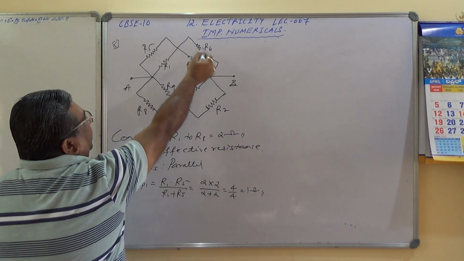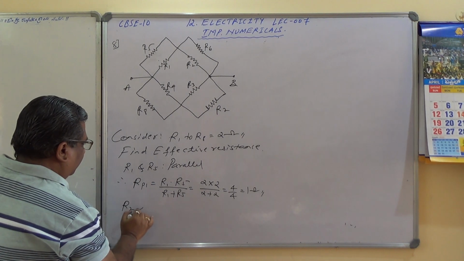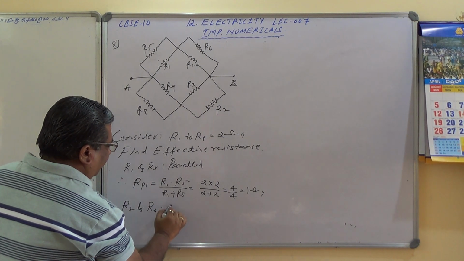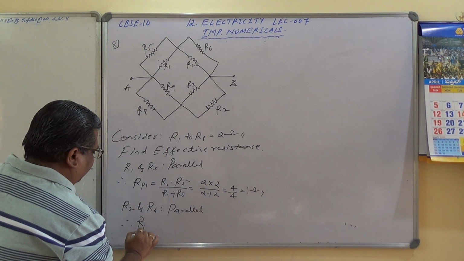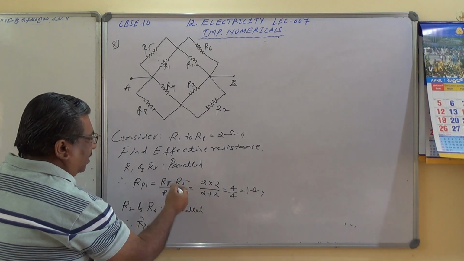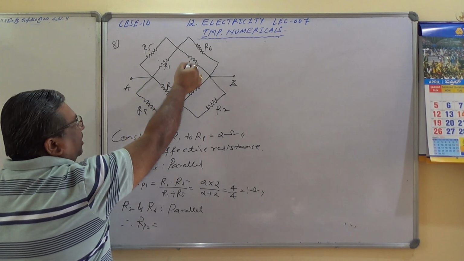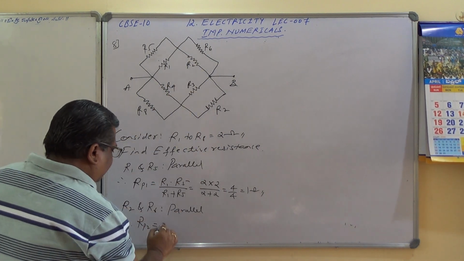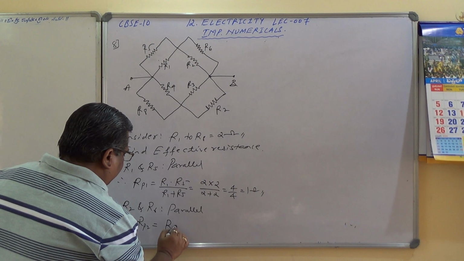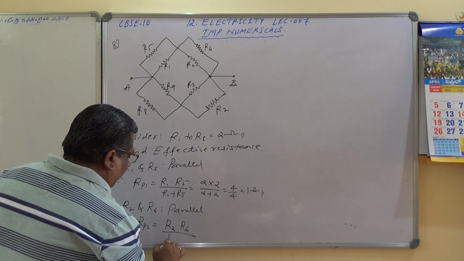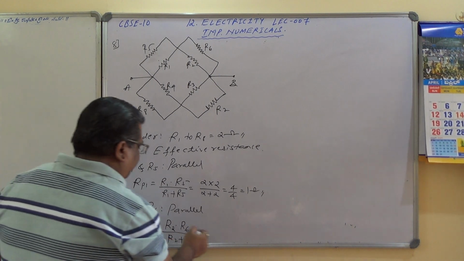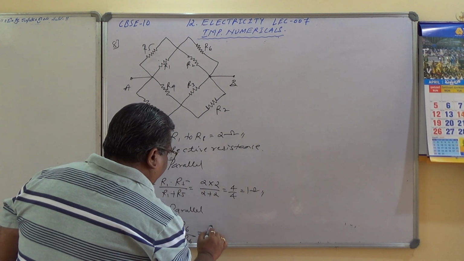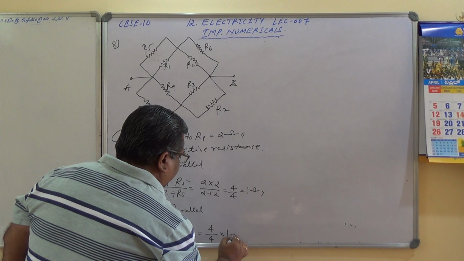Similarly, R2 and R6 in parallel, and therefore Rp2 equals R2 into R6 divided by R2 plus R6, which equals 4 divided by 4, which is 1 ohm.